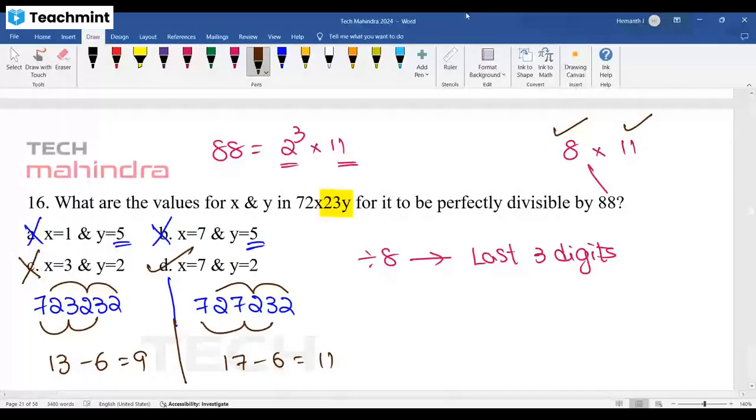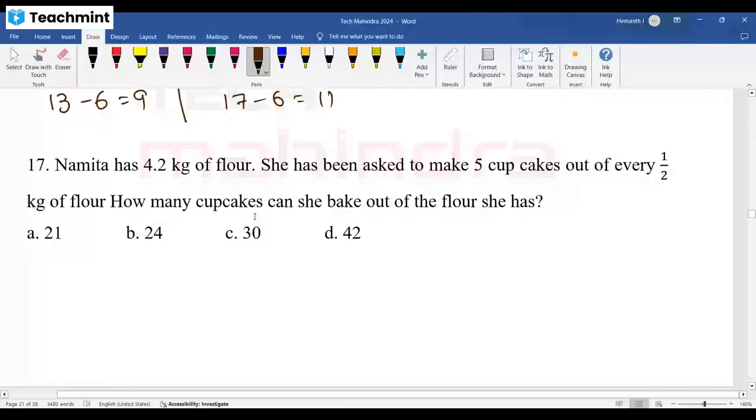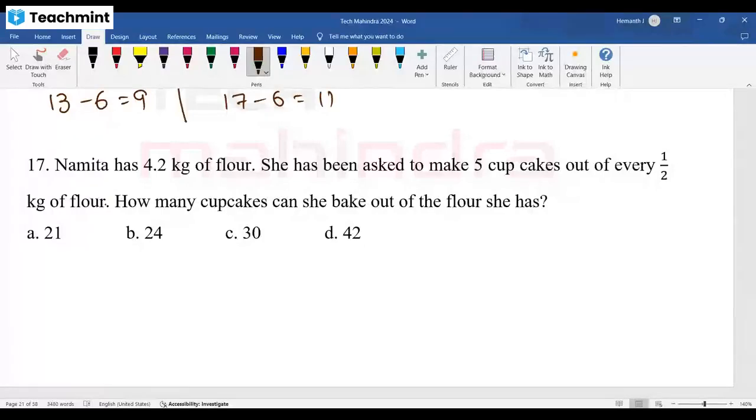Next. Namita has 4.2 kg. She has been asked to make 5 cupcakes out of every half kg. How many cupcakes? See, it's very simple, right? From half kg, you are getting 5 cupcakes.